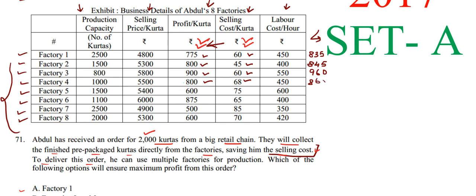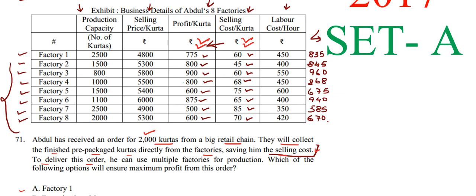The fifth factory is 600 plus 75, which gives 675. Sixth factory, we have 875 plus 65, that gives 940. Seventh factory is 500 plus 85, which gives 585. Now in the last factory the profit will be 600 plus 70, that is 670.